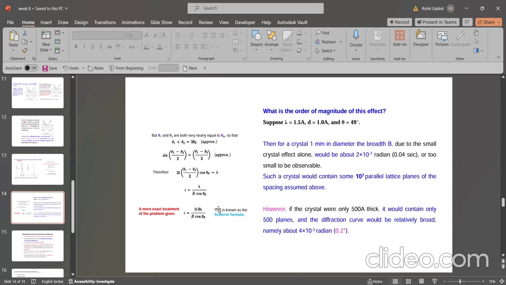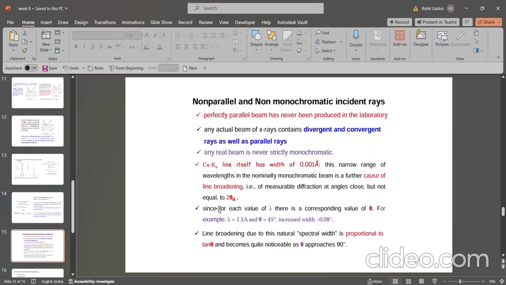Such a crystal would contain some 10 to the power 7 parallel lattice planes of the spacing assumed above. However, if the crystal were only 500 angstrom thick, it would contain only 500 planes, and the diffraction curve would be relatively broad, namely about 4 times 10 to the power minus 3 radians, which is around 0.2 degree.